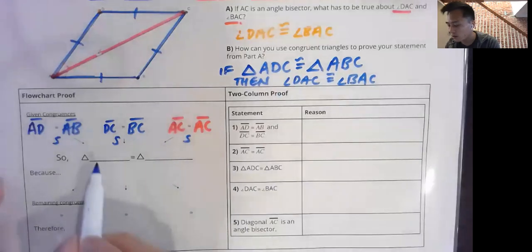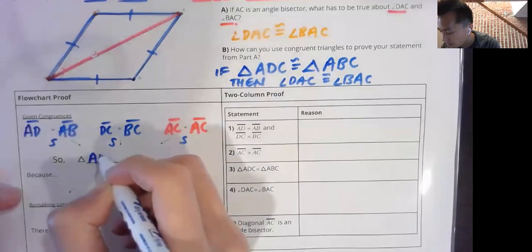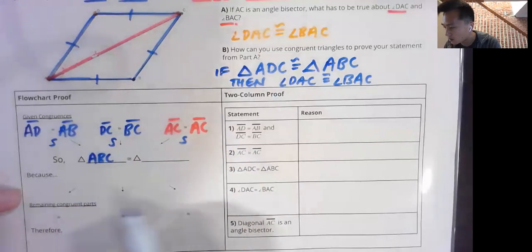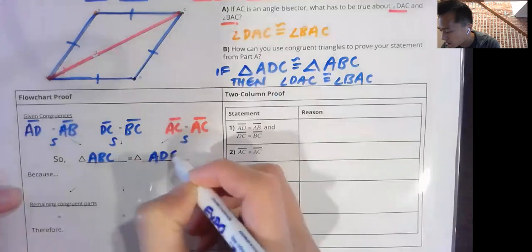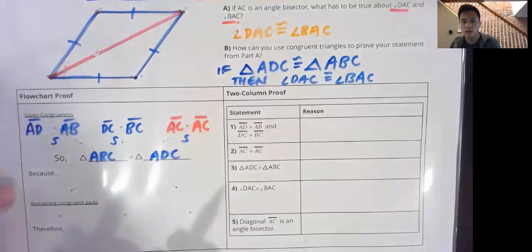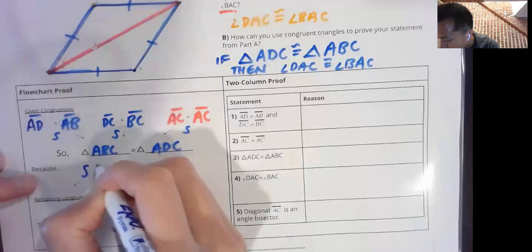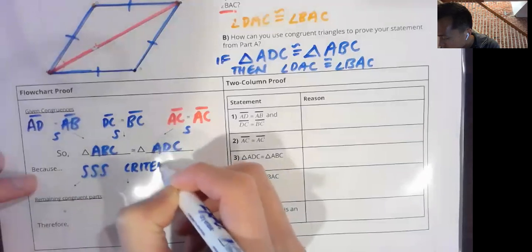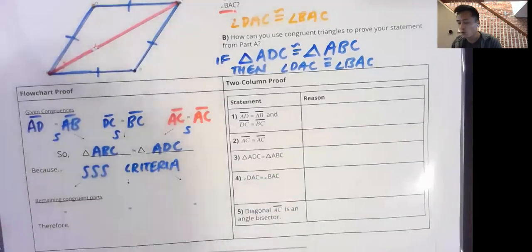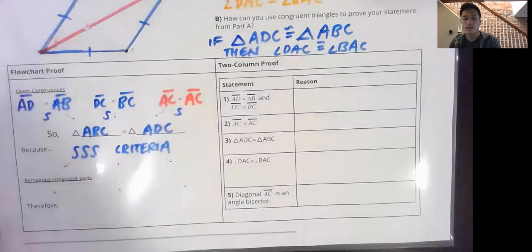So I can conclude that these triangles are congruent. So triangle ABC is congruent to triangle ADC, the top triangle is congruent to the bottom triangle, because of the side, side, side criteria, or three congruent sides. You can write either one or just side, side, side, SSS for short.